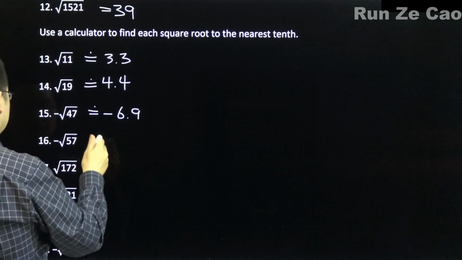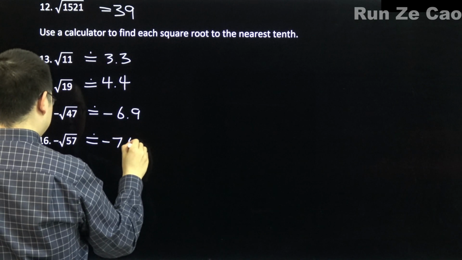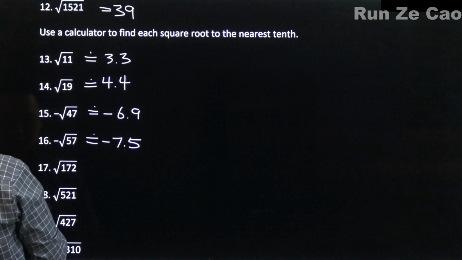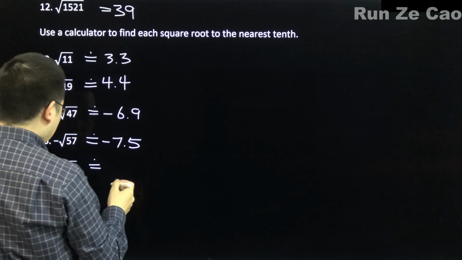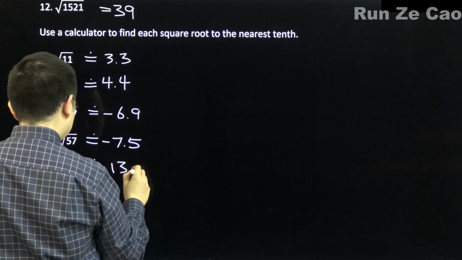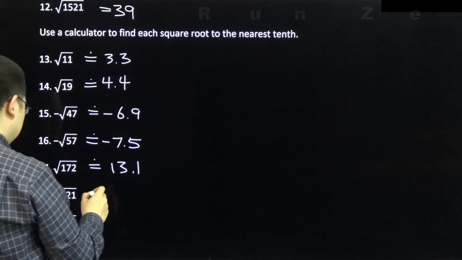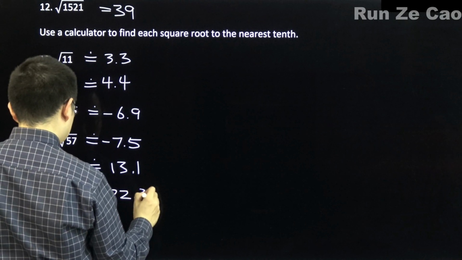Negative square root of 57, that's approximately negative 7.5. The square root of 172, that's approximately, well, it's to the nearest tenth, so 13.1. The square root of 521, oh, that's approximately 22.8.